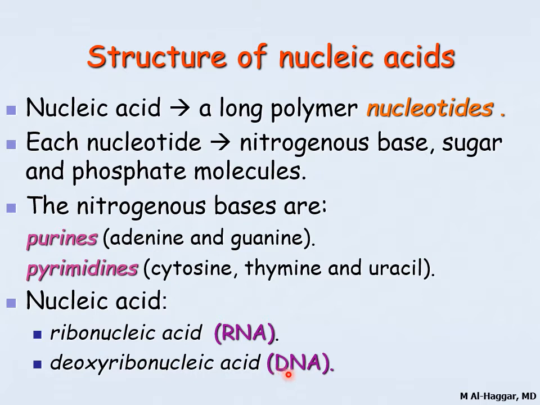It is a double helix, and it contains thymine instead of uracil, and it's double stranded. So RNA is single stranded with ribose, and DNA is double stranded with deoxyribose. DNA contains thymine, but the RNA contains uracil.